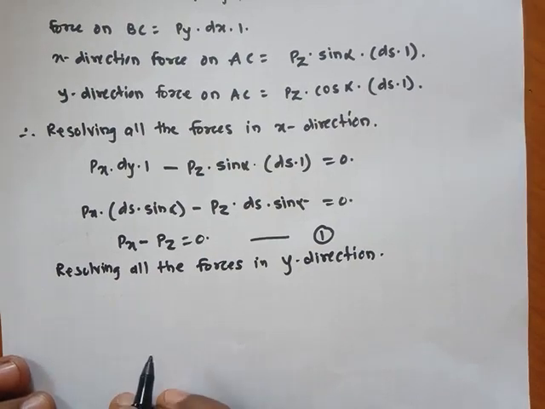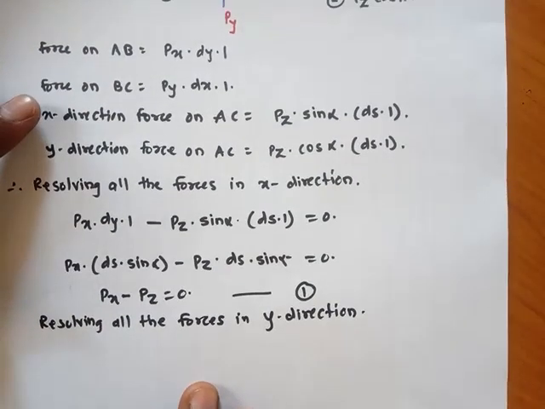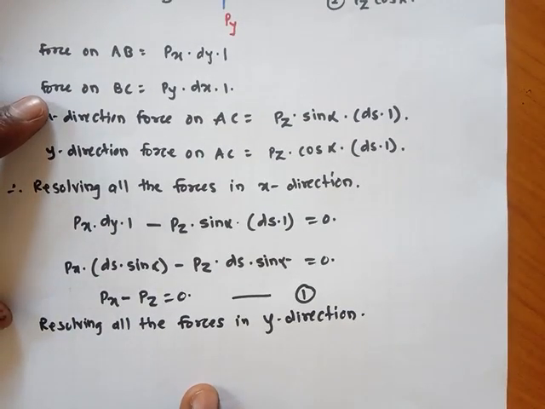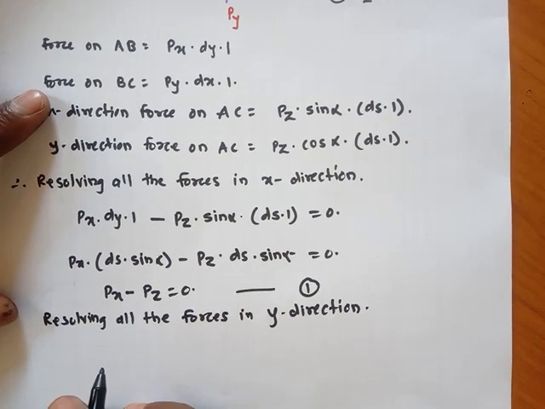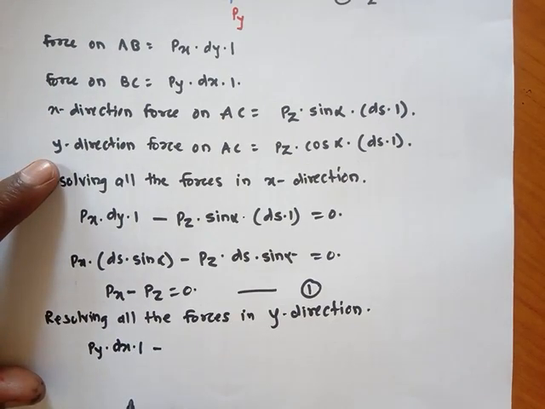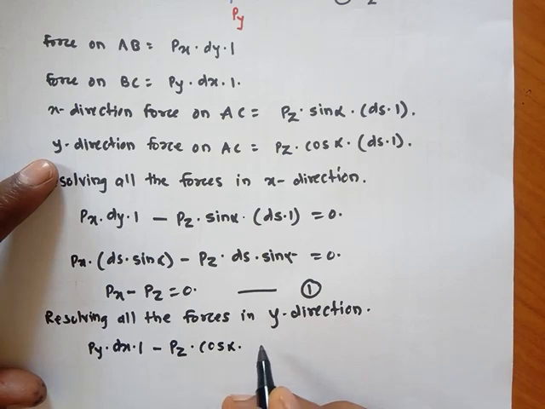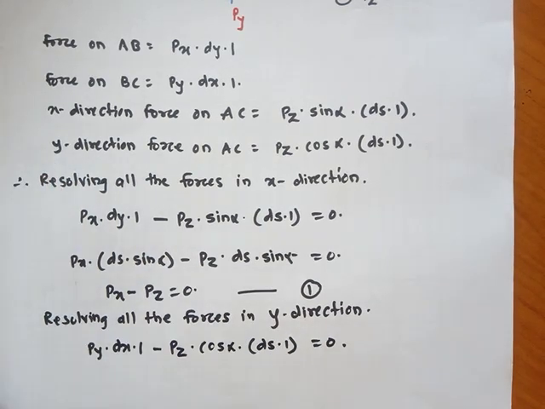We have the force on BC in positive y direction, so Py into dx into unity, minus the y direction force on AC, which is in downward direction and therefore negative, Pz cos alpha into ds into 1, is equal to 0.